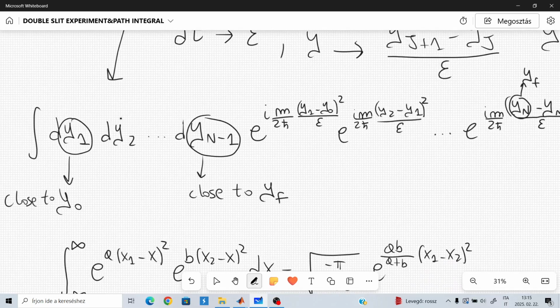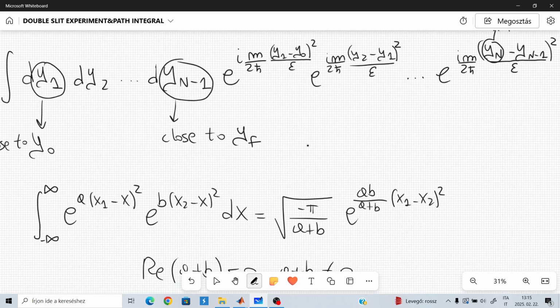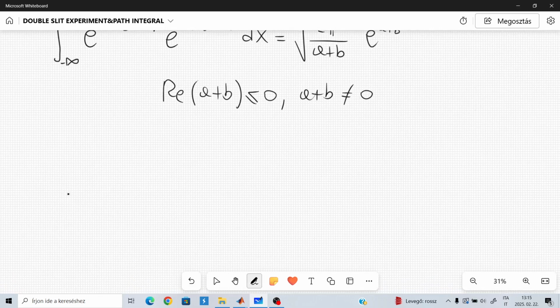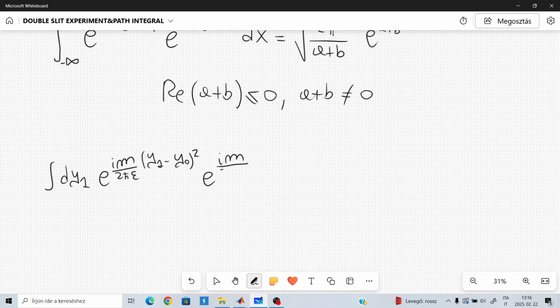So when we integrate over y1, we have to integrate over these first two terms, and you can see that we have indeed an integral of this form to carry out. So let me write. We have the integral over y1 of e to the i m divided by 2 h bar epsilon, y1 minus y0 squared, e to the i m divided by 2 h bar epsilon, y2 minus y1 squared.